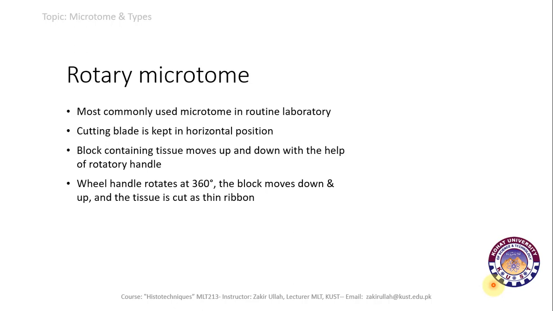This microtome also contains a handle which rotates through 360 degrees. With the help of this handle rotation, the block moves up and down and the tissue is then cut into thin slices and a thin ribbon.